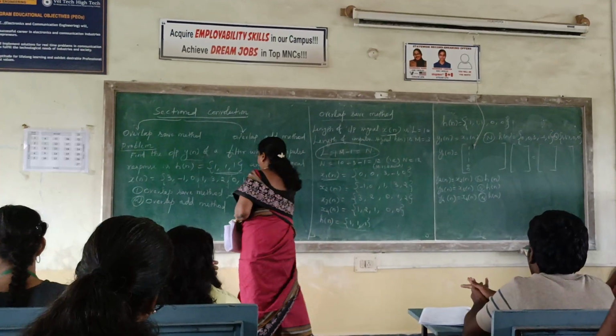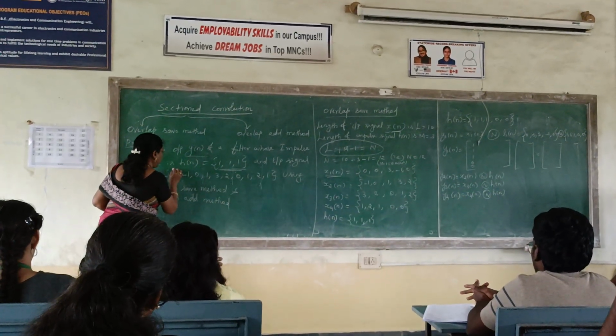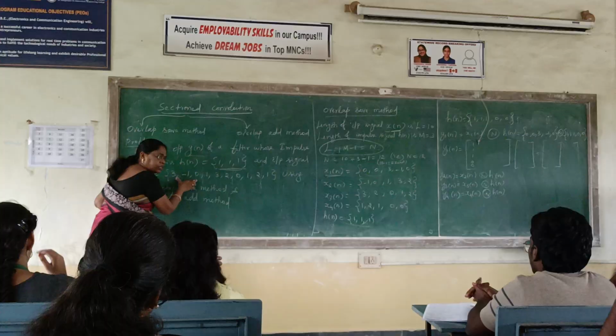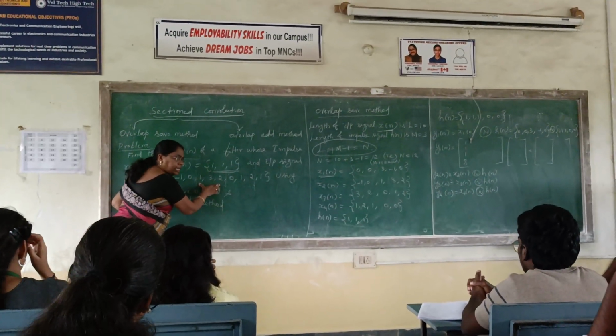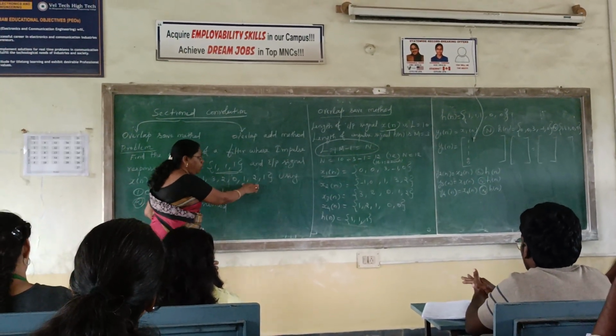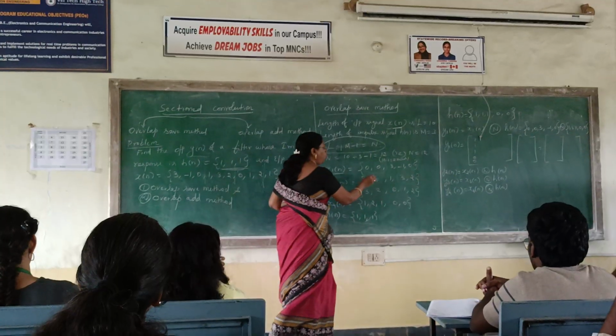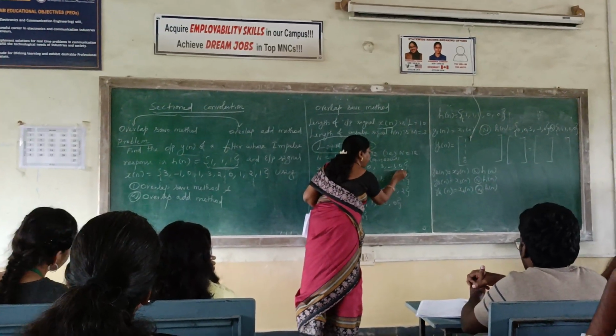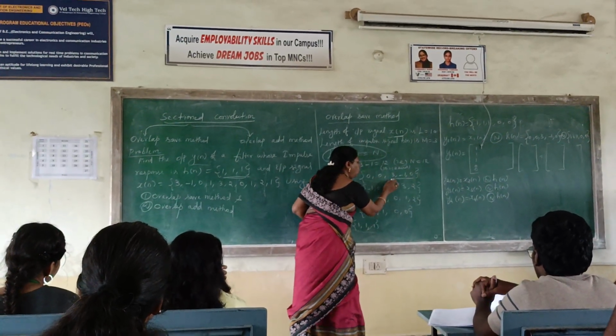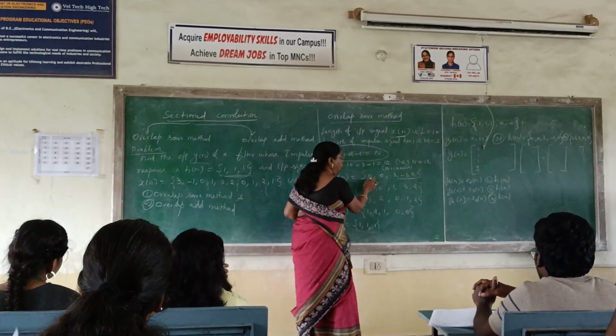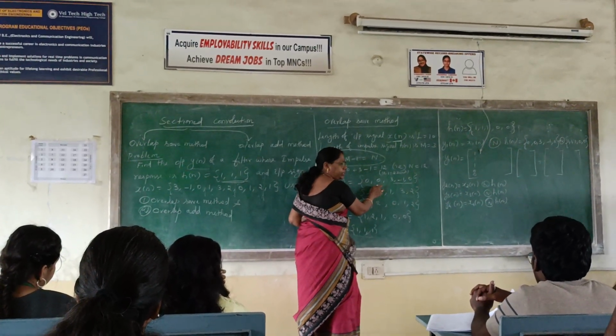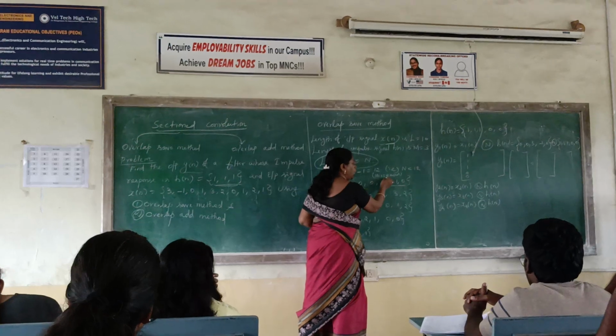While writing x1 of n, we are going to use the procedure. First, how are we segregating this? The first 3 samples are the first segment, the second 3 samples are the second segment, then the third segment, fourth segment, and so on. First you have to write 3, minus 1, 0 here. Before writing this, you have to add 2 zeros, because M minus 1 equals 2 zeros.